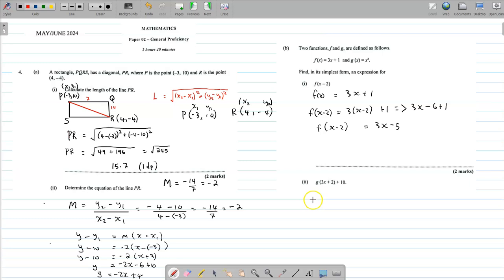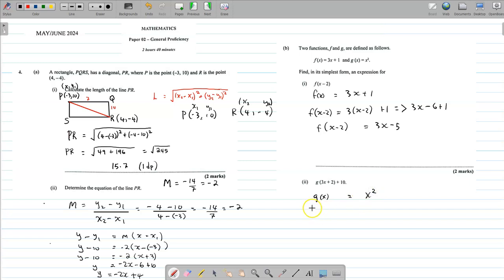And now part 2, we want to find g of 3x plus 2, plus 10. So we know that g of x is equal to x squared.